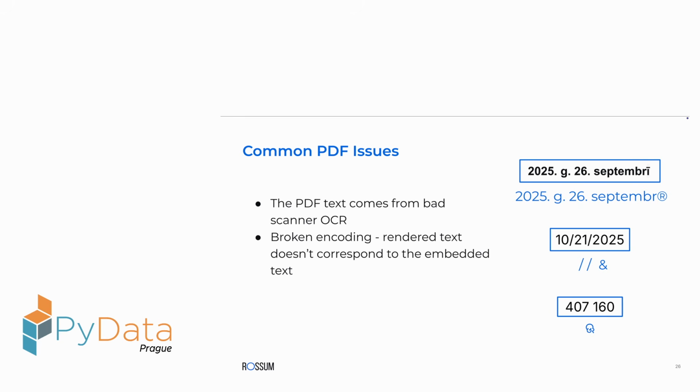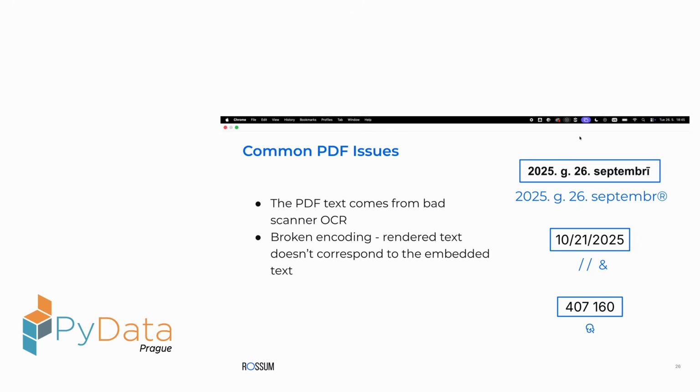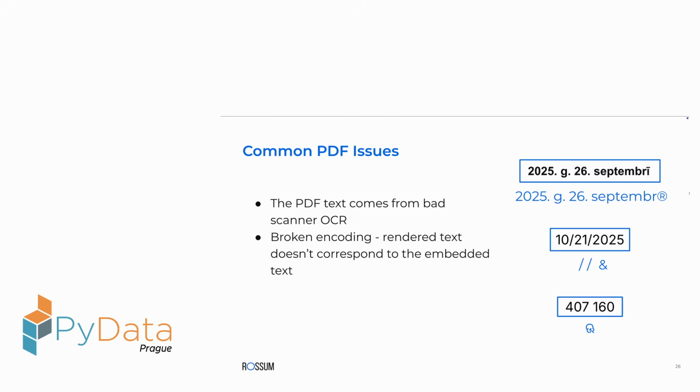Another one is some kind of broken encoding. That's what I already talked about. It happens when the text that is there in that PDF text layer doesn't correspond to the thing that you see rendered. And sometimes it happens only for some characters, like accents, which you can see in the first example.